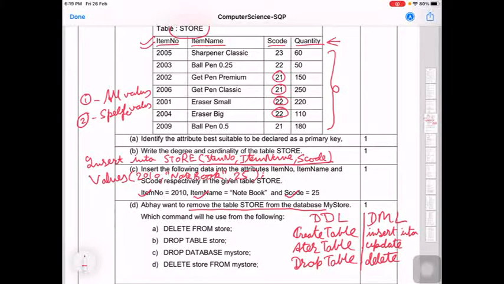So if you have to deal with structure, then DDL, with the values, then we have DML. And the one thing that is common in DDL commands is this table word. Okay, so as you have to delete the structure of the table, you must search for this table keyword. So you want to drop table.